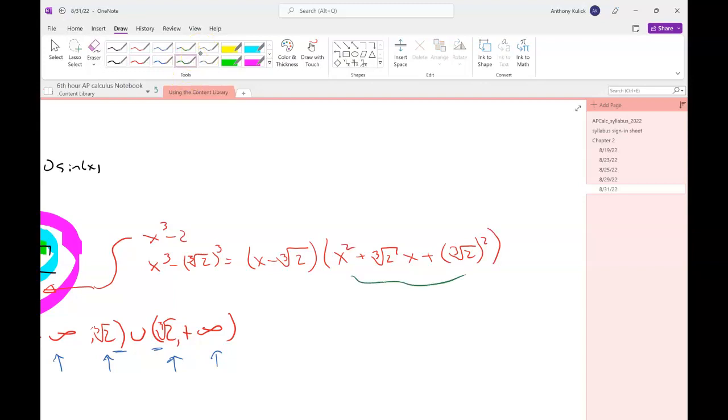And if I set that equal to 0, the solutions there will be imaginary.